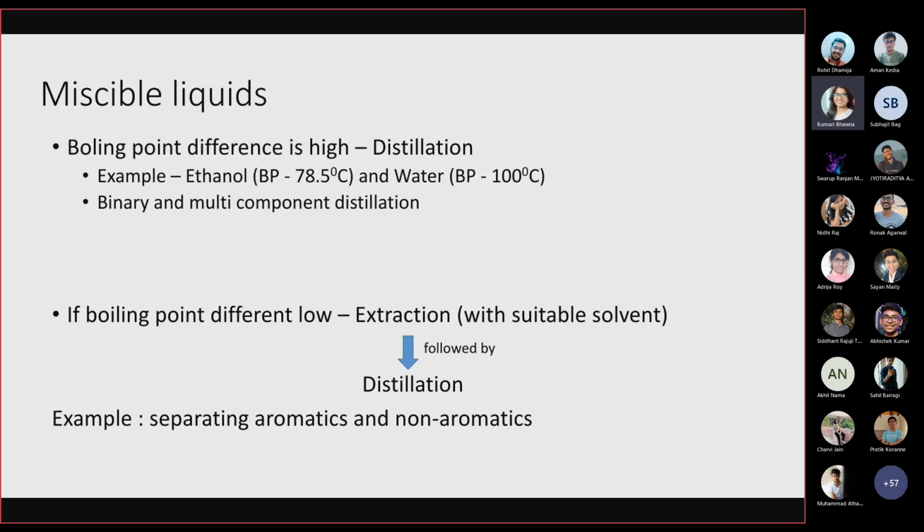Suppose we have an N-heptane and benzene liquid mixture. N-heptane and benzene form miscible liquids. It forms a solution. We will not be able to separate them, or if you use distillation, it would not be economical. So first they extract one component with the help of a solvent, then they do the distillation process to separate them.